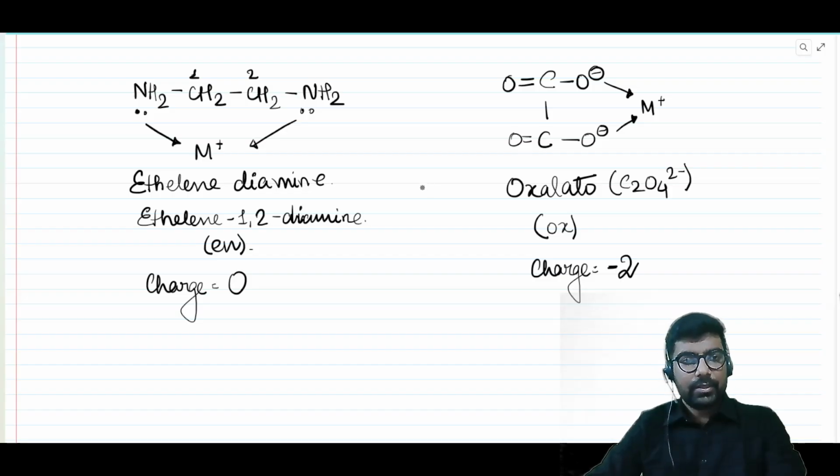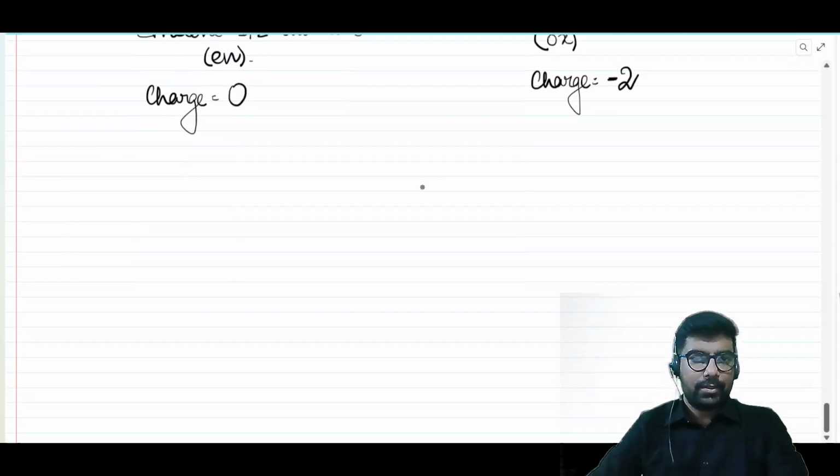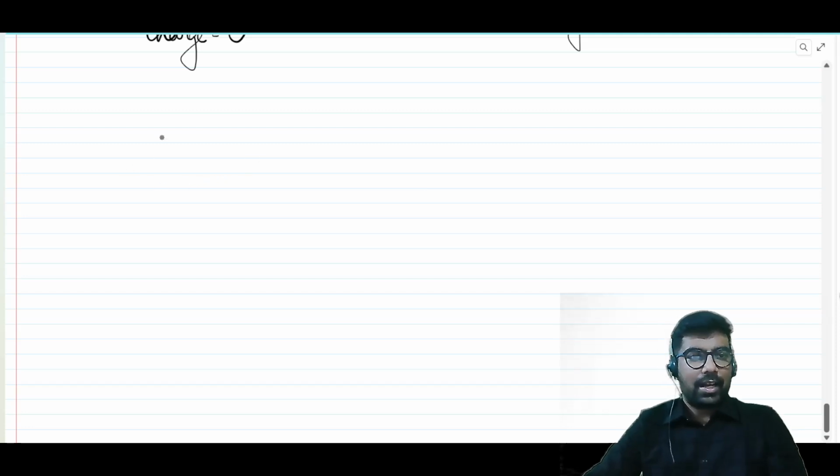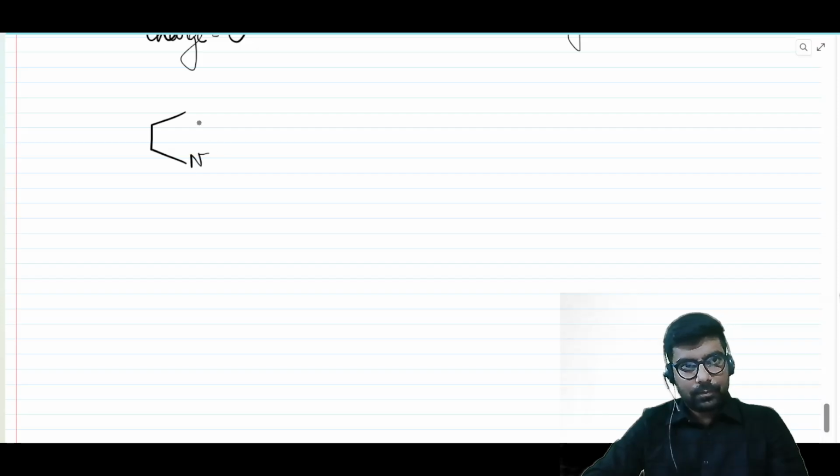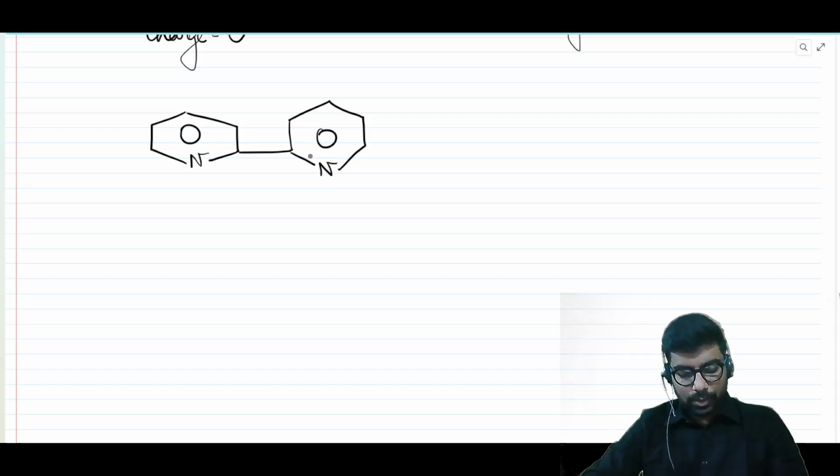Clear? The next bidentate ligand is dipyridyl. This one is there, and with this another pyridine is connected.